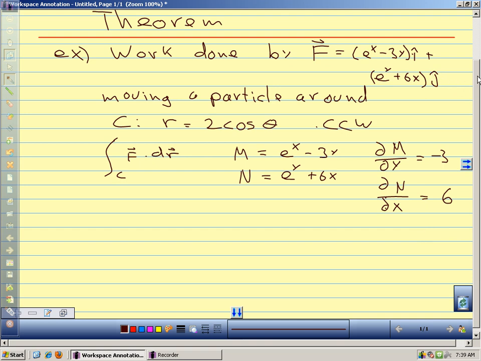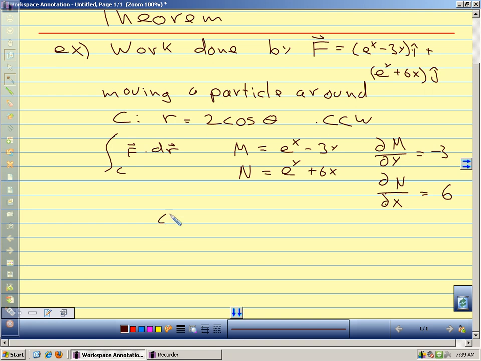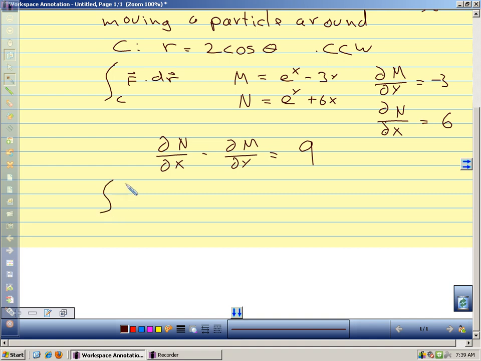But what we end up with is dN/dx minus dM/dy, which is what we need to use Green's theorem, is 9. So using Green's theorem, we need to evaluate the integral over our region of 9 dA. And that equals 9 times the double integral over our region of dA.